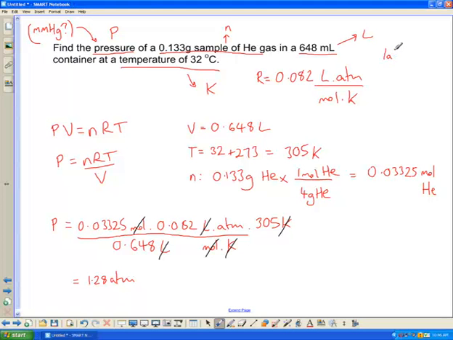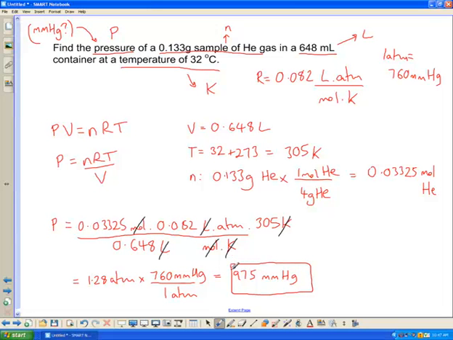But what if we're asked to find that pressure in millimeters of mercury? Well, you need a conversion factor for that. And the conversion factor is this. 1 atmosphere is equal to 760 millimeters of mercury. So when we plug that conversion factor in, 760 millimeters of mercury over 1 atmosphere, and then calculate that out, what we get is 975 millimeters of mercury.